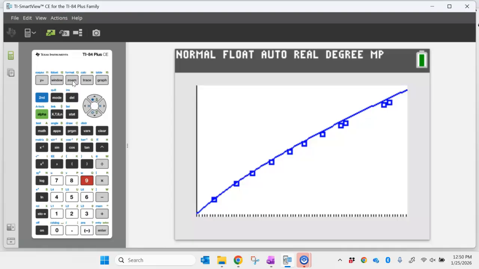It goes through a lot of the points and it's quite close to each one of them. And so that's why that is going to be the equation that we're going to use. So again, this is how you would find something with a regression equation, and you would have to do this anytime you're given a table with a bunch of data points. Hopefully that helps you out through all of these problems and gets you through anything that you have questions on.